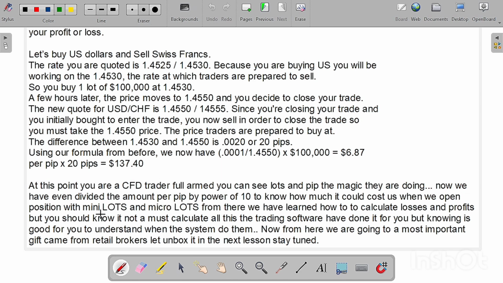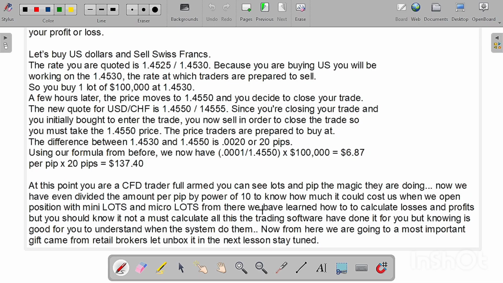I have explained that it's simple, because you just take the amount per pip on a standard lot, and you divide by 10 to get the amount a pip could cost on a mini lot, and then you do the same to get the micro lot.